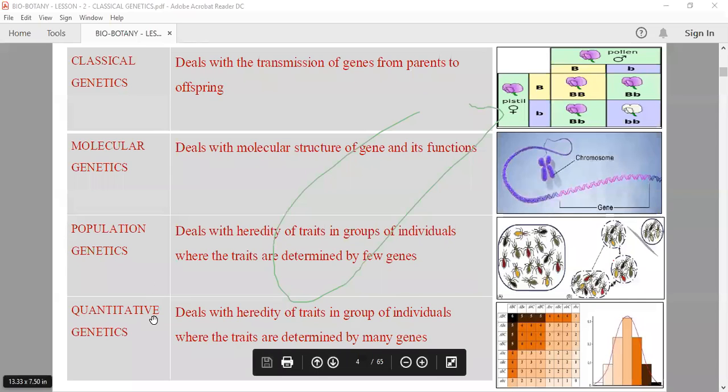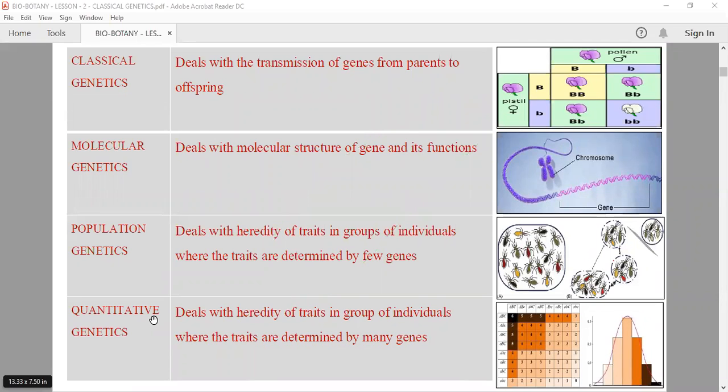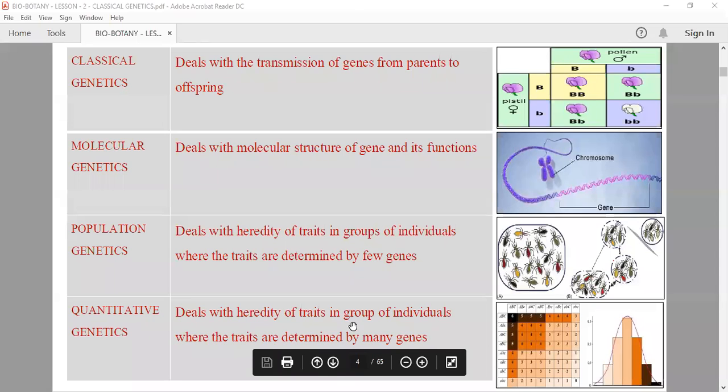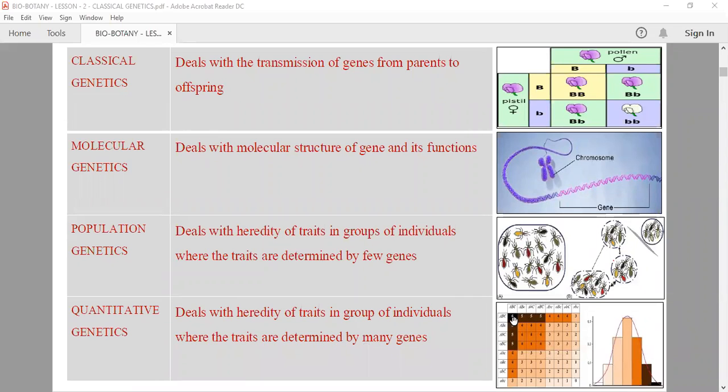The next category is quantitative genetics. The name itself tells you: quantitative means the number. It deals with the traits of groups of individuals where the traits are determined by many genes. In this picture, if a person gets 6 genes, that is, the number is high, that person will become black in color.